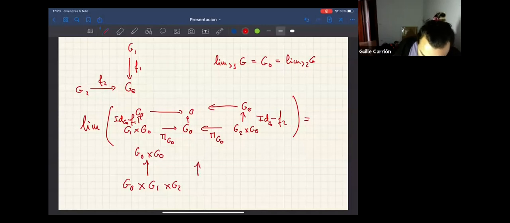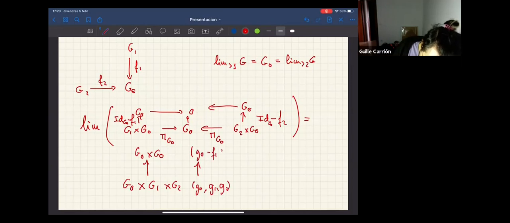And the differential sends (G0, G1, G2) to G0 minus F1 G1, G0 minus F2 G2.